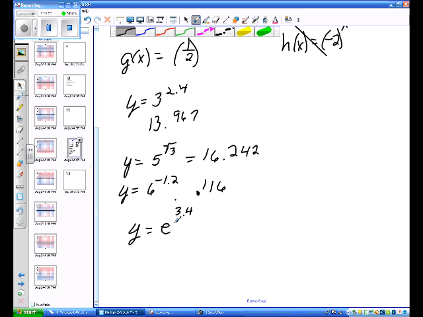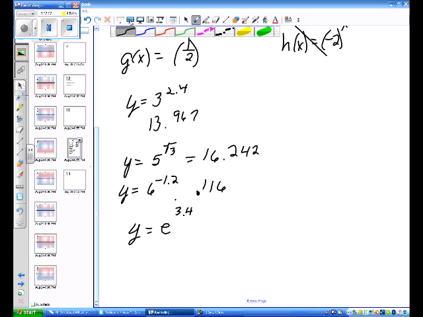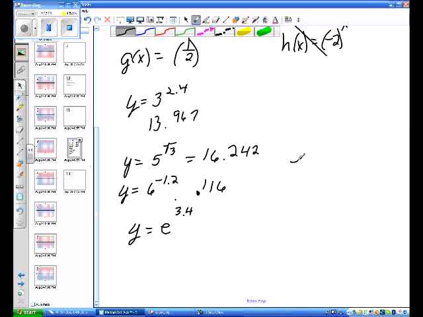It's kind of along the line that we use pi to represent 3.14. Well, we use E for a specific representation. E approximately has the value, rounded off, 2.718.